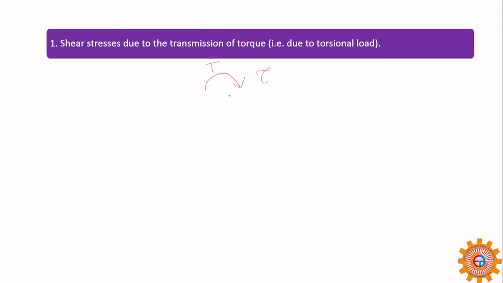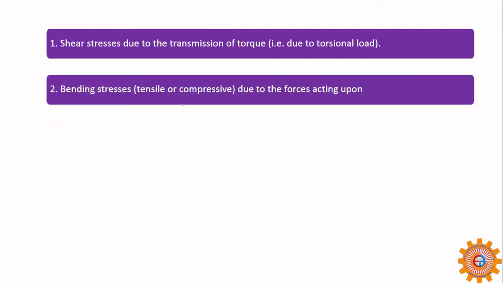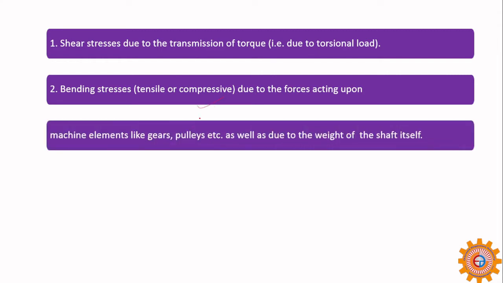Next, the bending stresses. Bending stresses may be induced because of the other parts we use, like pulley, gear and other things. Because of this, the shafts may be subjected to bending moment, and due to that, bending stresses are created. Machine parts like gears, pulleys, as well as the weight of the shaft, give scope for bending stresses.